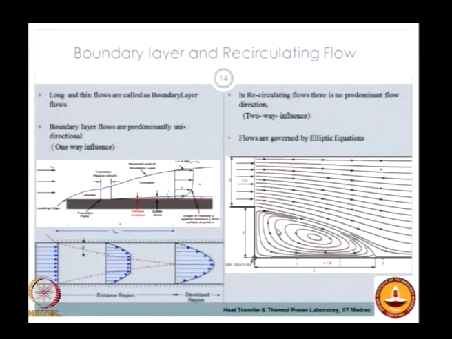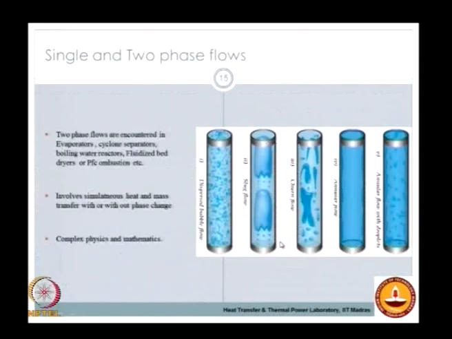So the equations here are governed by a form of the equations which are elliptic in nature, and therefore the disturbance comes from all the directions into this particular corner here. So if you look at two kinds of wall bounded flows, one is where your boundary layer theory can be used, such as in this case, and the other is the recirculating case where the boundary layer loses meaning once the flow separates and recirculates.